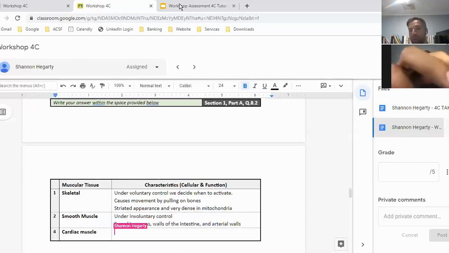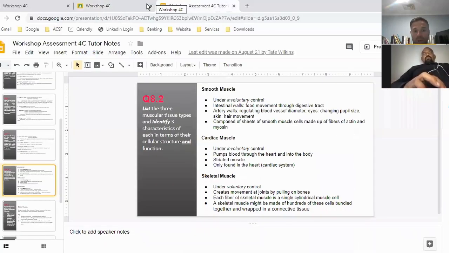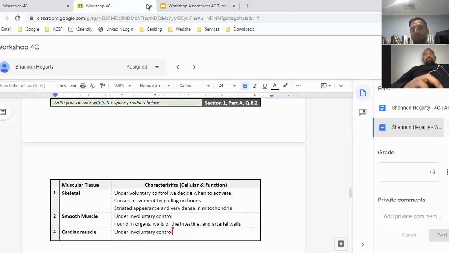Your heart rate will go up and down in response to stress and exercise. You can't sit there and say, okay, heart rate go to 80, okay, heart rate go to 100. It's involuntary. Obviously, it pumps blood through the heart and body.